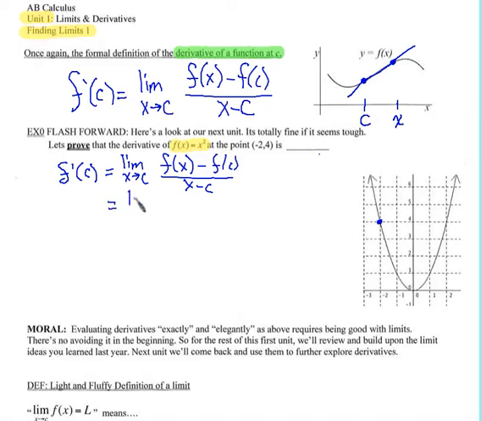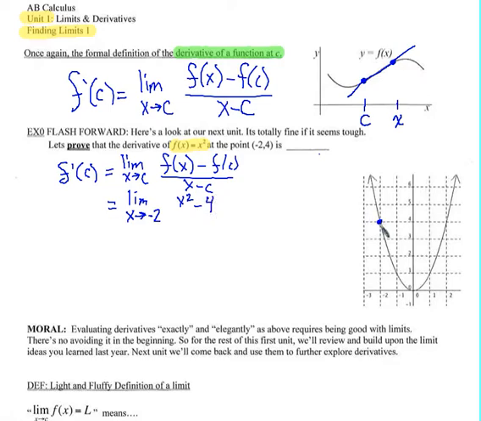So I'm looking for the limit of the slope of the secant, and I'm taking the value x of that second point, and I'm bringing it in as close as I can get it to -2, and f of x is this function right here, so that's x squared minus f of c, well, that's the y value of the point that I'm interested in, that is 4, right?